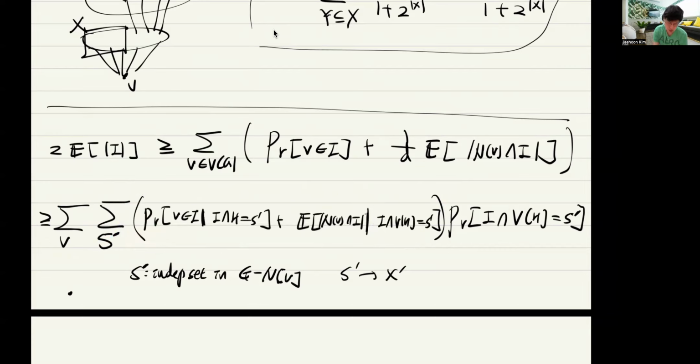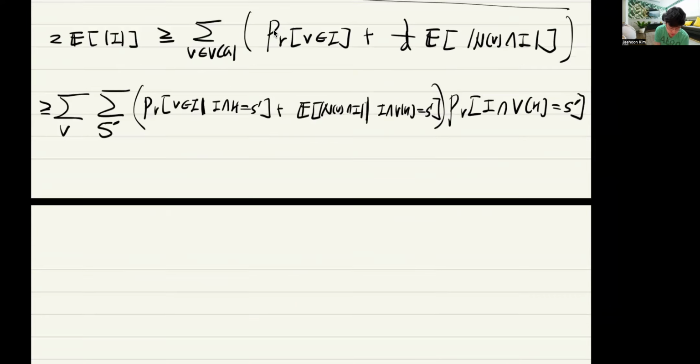So you can write it this way. So this is the law of total probability.